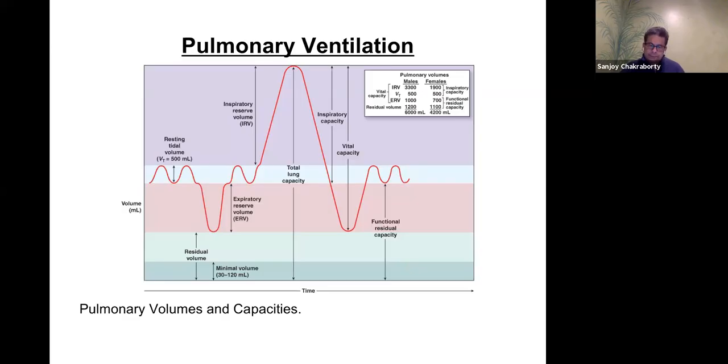The minimum volume of air that stays in the lung even if the lungs are allowed to collapse. Residual volume means the lungs are not collapsed, the healthy lungs. But even if you allow the lungs to collapse, this amount you can't really breathe out. That's called minimal volume. So these are the pulmonary volumes and capacities.